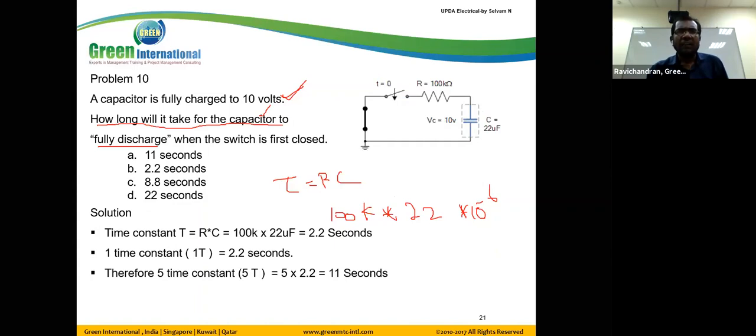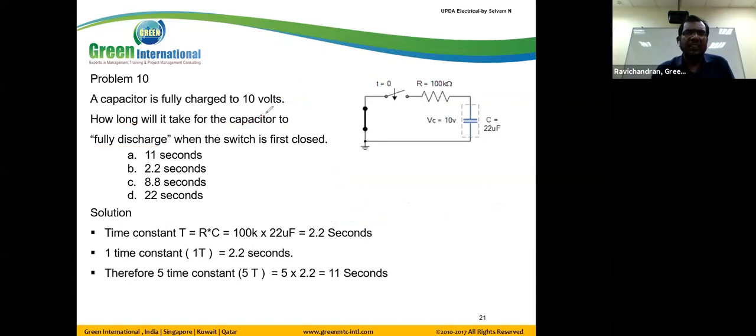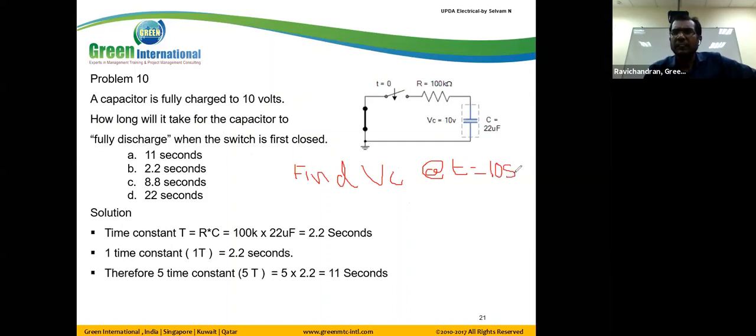Now, from this question paper, find Vc at t is equal to 10 seconds.